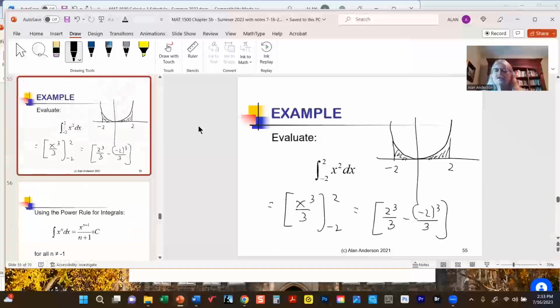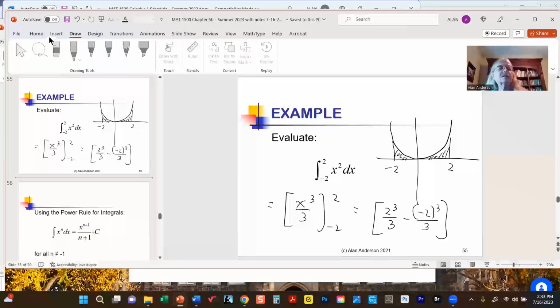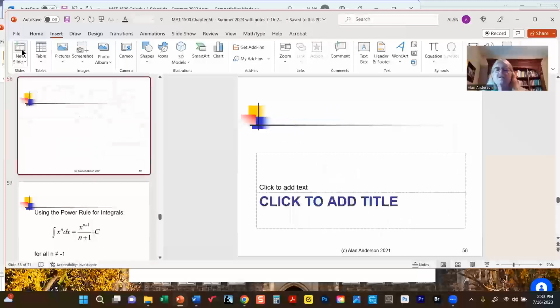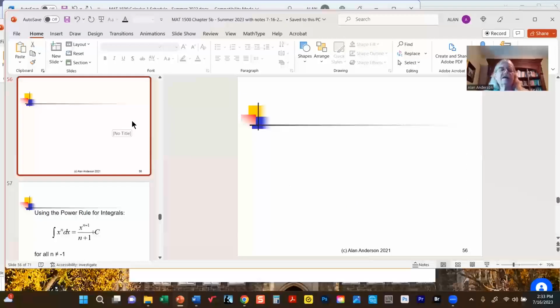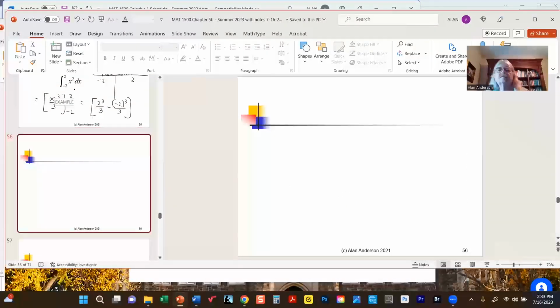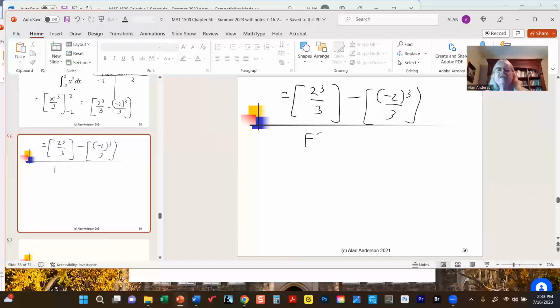So actually, let me write some more of this in the next slide here. We've done this before, but what they're doing now is telling us that, let's write it like this, think of this as capital F of 2, and this is capital F of -2, because that is the integral evaluated over that interval.